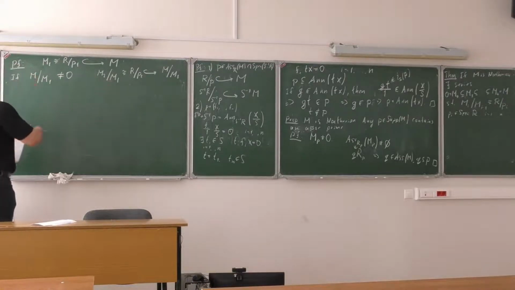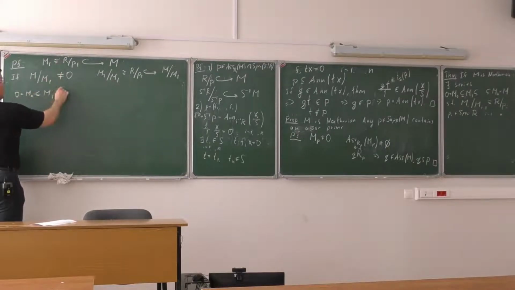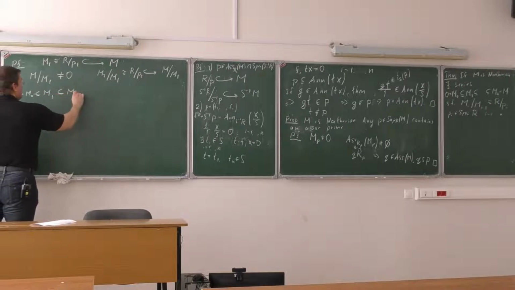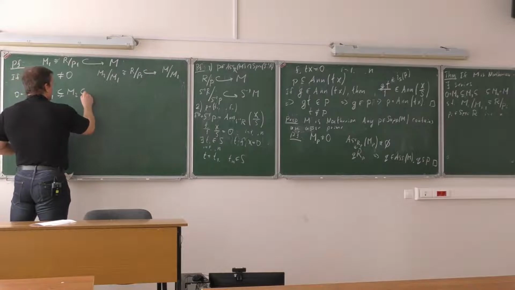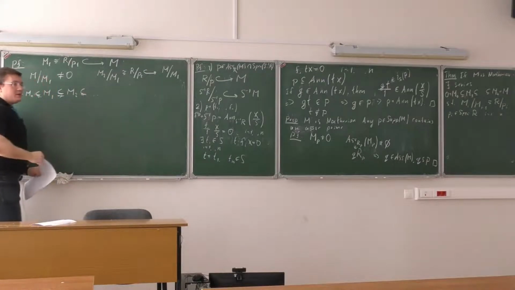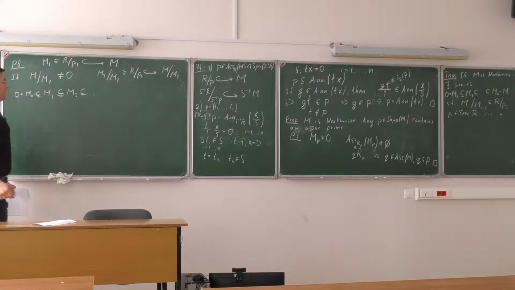So you start with 0, which is M0, then this is inside M1 that you constructed on the first step, this sits inside M2, and they're not equal actually, so this is an increasing sequence. Then you continue doing this, but this has to stabilize at some point since the module is Noetherian.